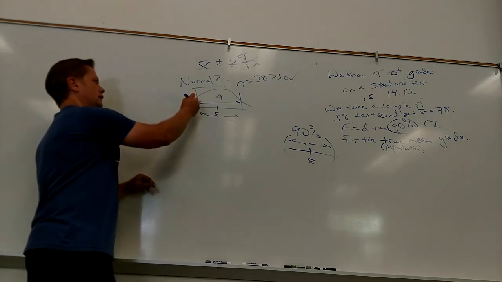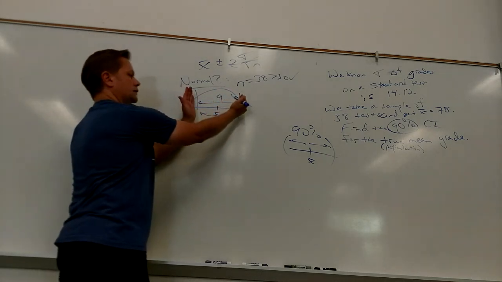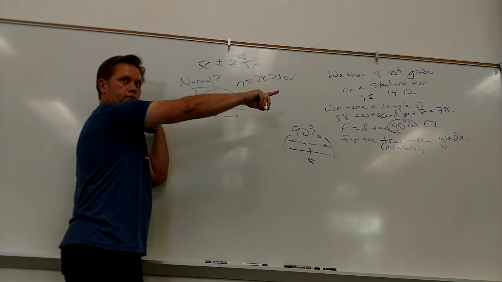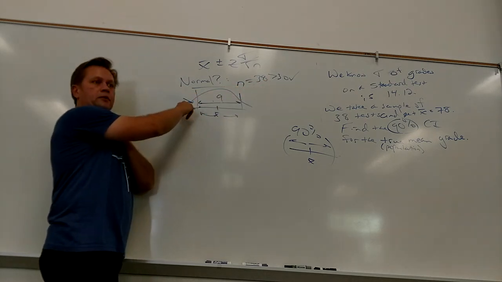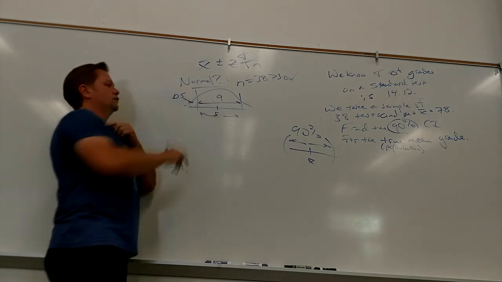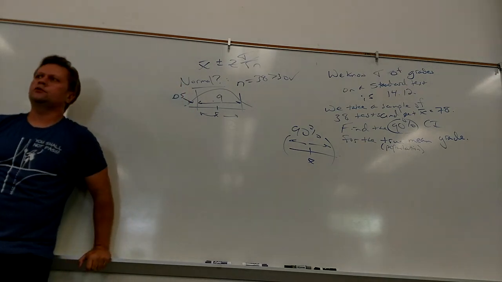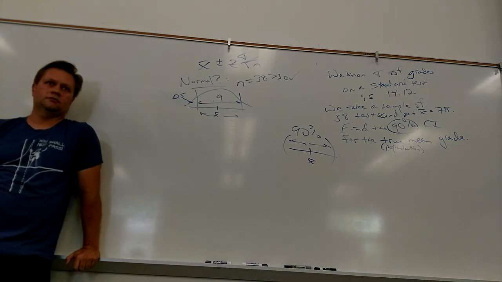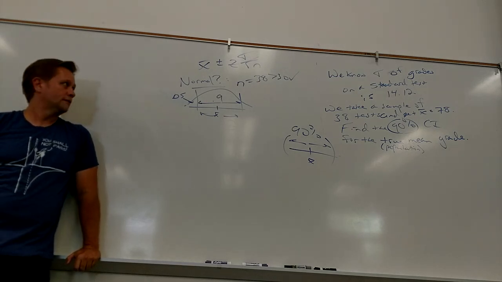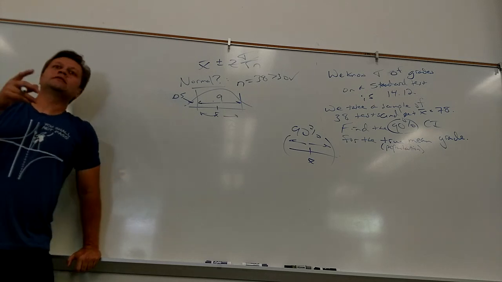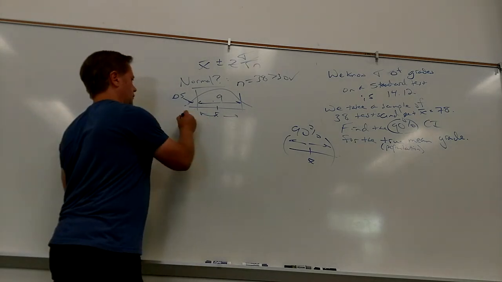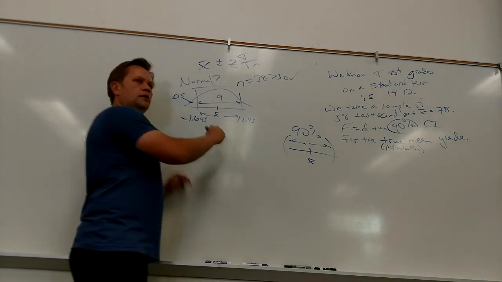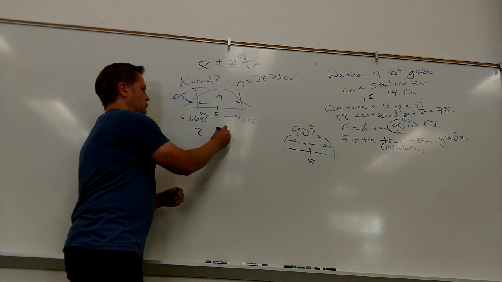So what area is out here then? If there's 90% inside, there's how much outside? 10% outside, so there must be 5% in each tail. If you look up 0.05 in the body of the z-score chart, it should lead you to an asterisk. Funny thing is, I just care that z is 1.645.